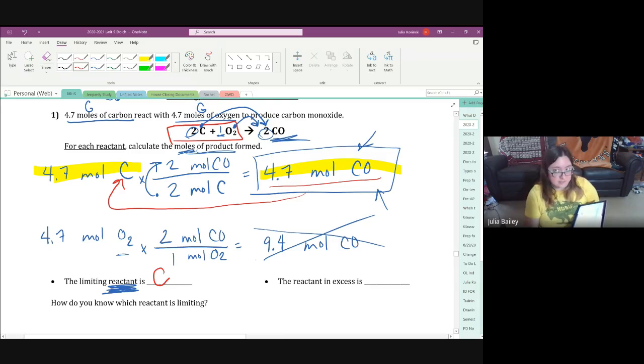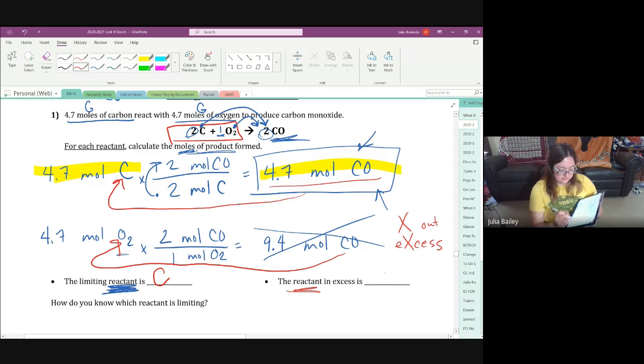The carbon is the limiting reactant. Then to figure out the excess, remember our memory trick, you X out the excess, but don't put CO because CO is a product. It's not a reactant. The reactant in excess, go look at what you started with. We X'd out 9.4. What did we start with to get 9.4? We started with O2.